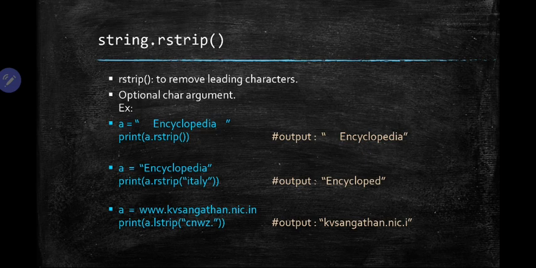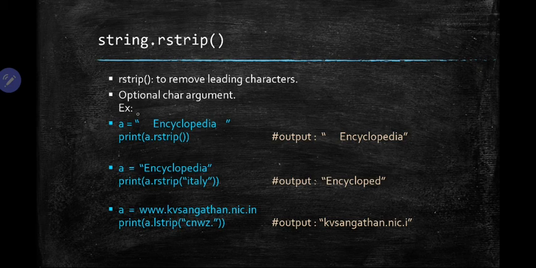Similar to lstrip, we have a function called rstrip. In rstrip, if by default we do not give any substring, then the white spaces or spaces will be removed. Otherwise, the characters present inside the substring will also be removed.